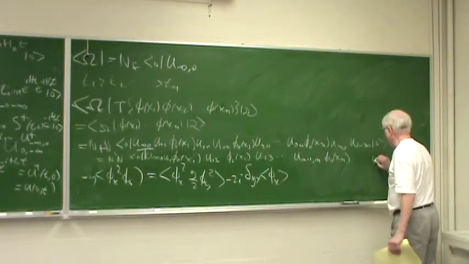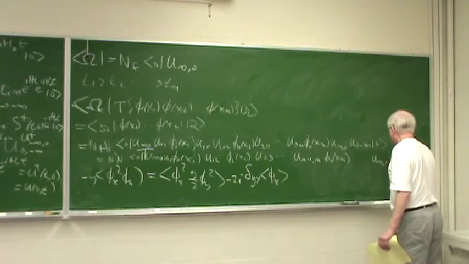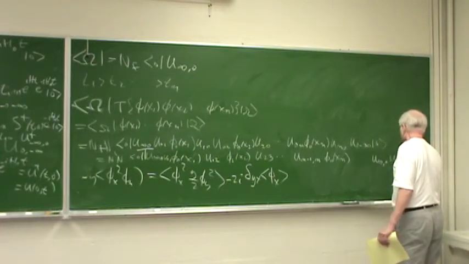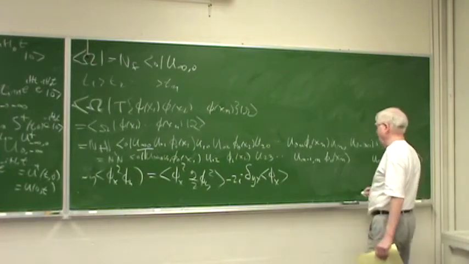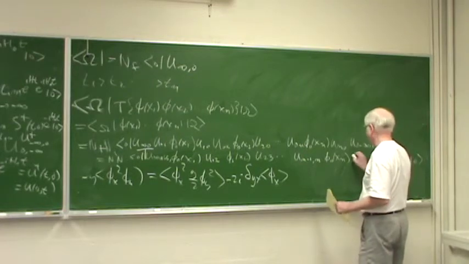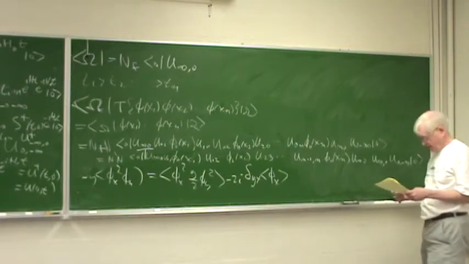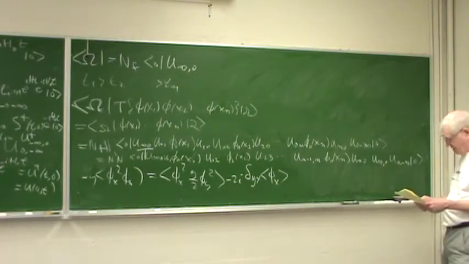So we get U infinity 0, U 0 minus infinity 0, and then this one was U, and well, I'll make that U n0 again. All right.